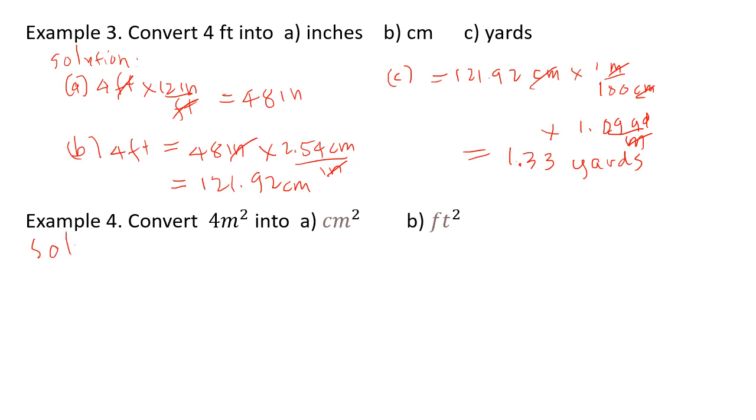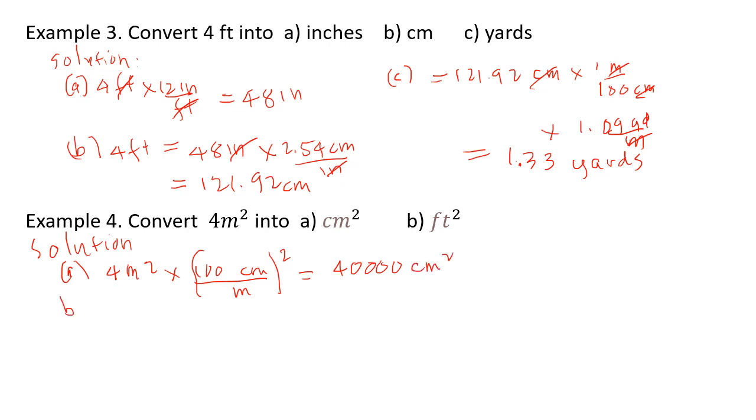So your solution, 4 meters squared times 100 centimeter per meter, this one squared, so equals 40,000 centimeter squared.